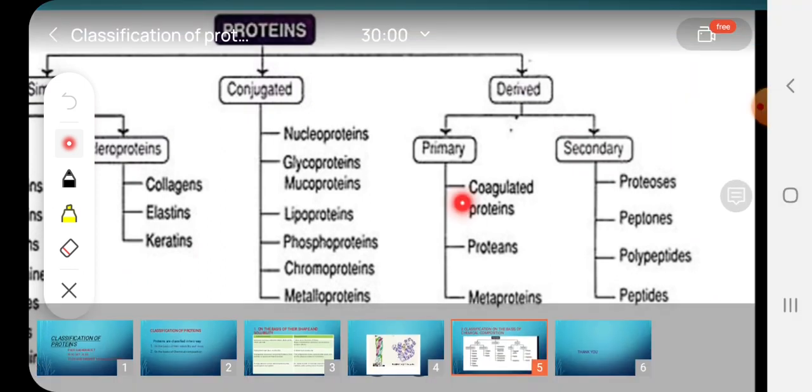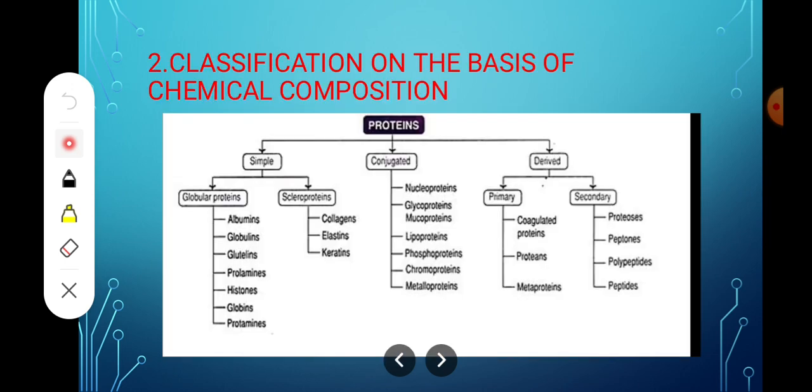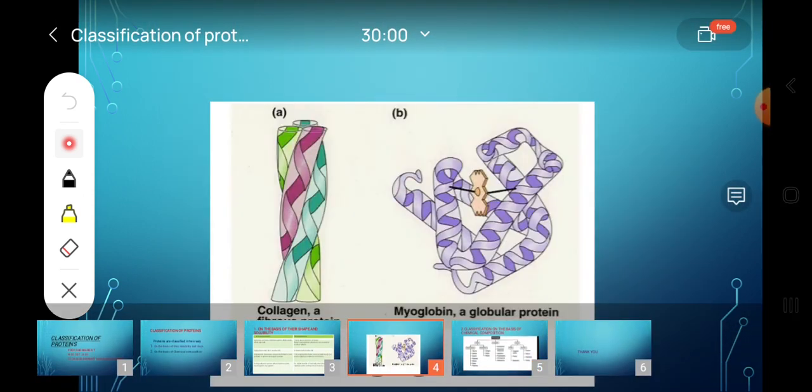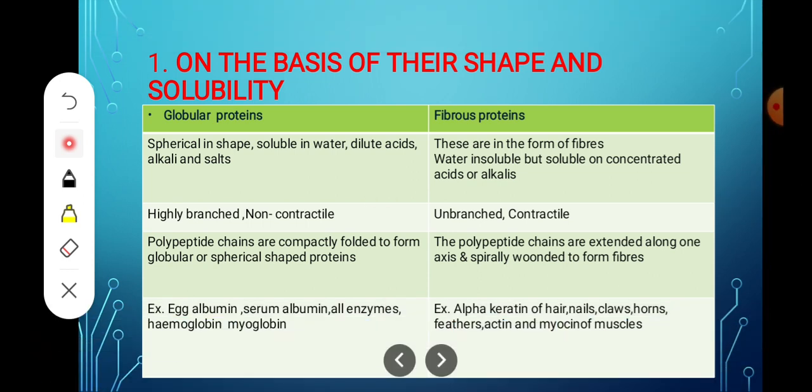Then next, this is about the classification of proteins. We will see the classification on the basis of their shape and solubility and on the basis of their chemical composition. See the summary of today's lecture, that is, classification on the basis of solubility.